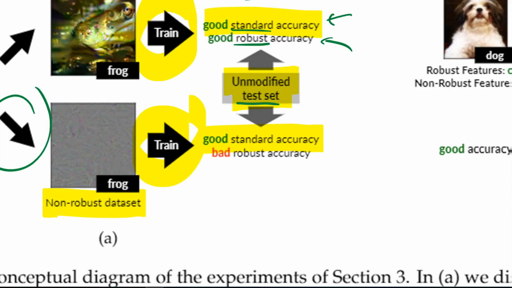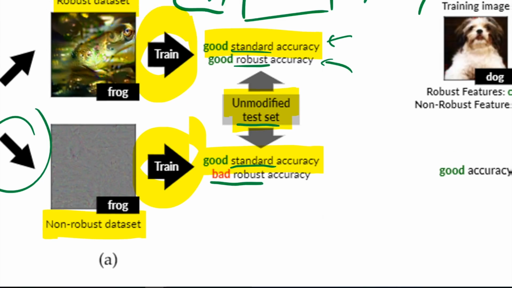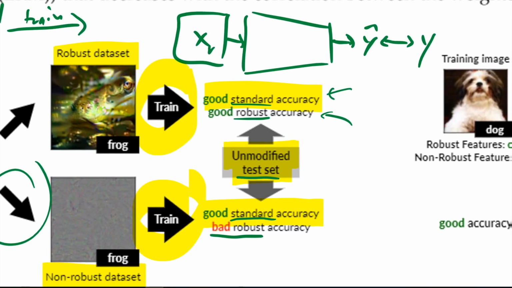So this means that the non-robust features, like the cat's fur direction we saw, can also lead you to generalize well to the test set, since in the test set the cats will also have that property. But you get bad robust accuracy. And this gives further support to their hypothesis, if you train a classifier on only non-robust features.